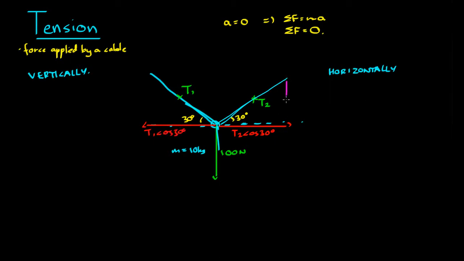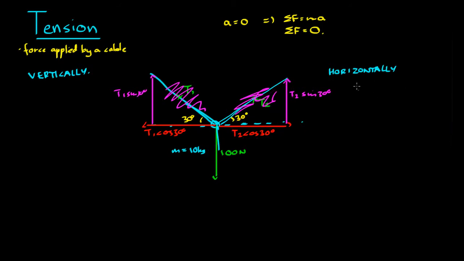Now the vertical component to these two forces, this is given by T2 sin 30 degrees, and this one by T1 sin 30 degrees. Now we've done this, we can pretty much ignore these forces here. Let's only think about them in terms of these square components, horizontal and vertical.